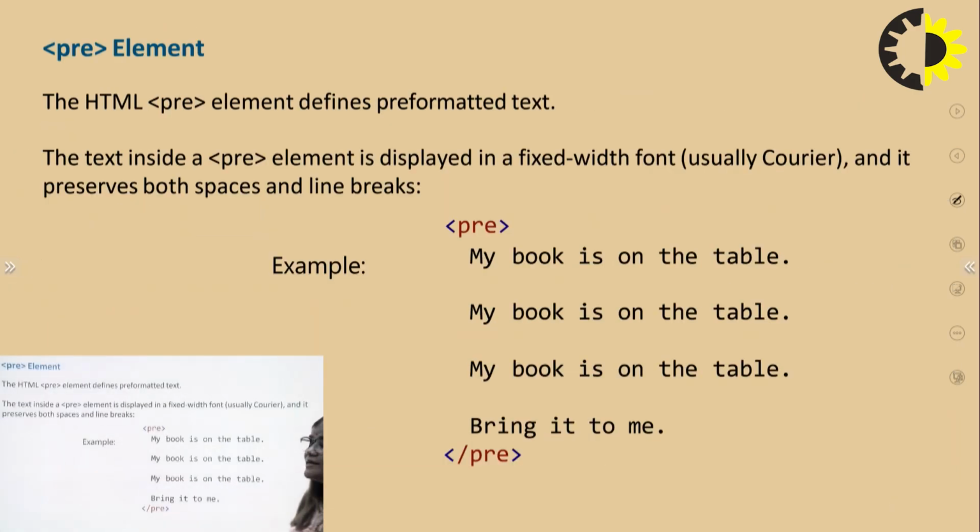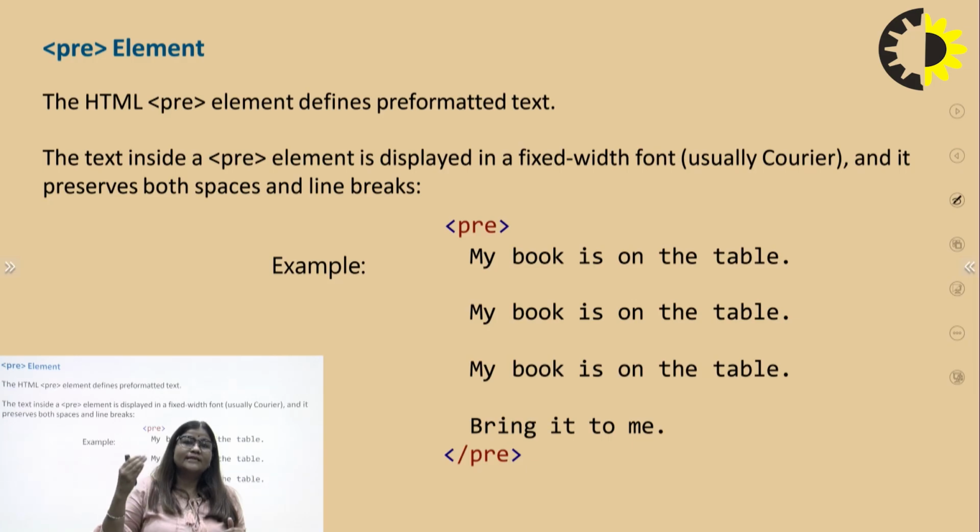Now this is a pre-element. Suppose in HTML, when we are writing something and we are seeing that output, we are not getting the output as written, because HTML doesn't preserve the format of the writing.